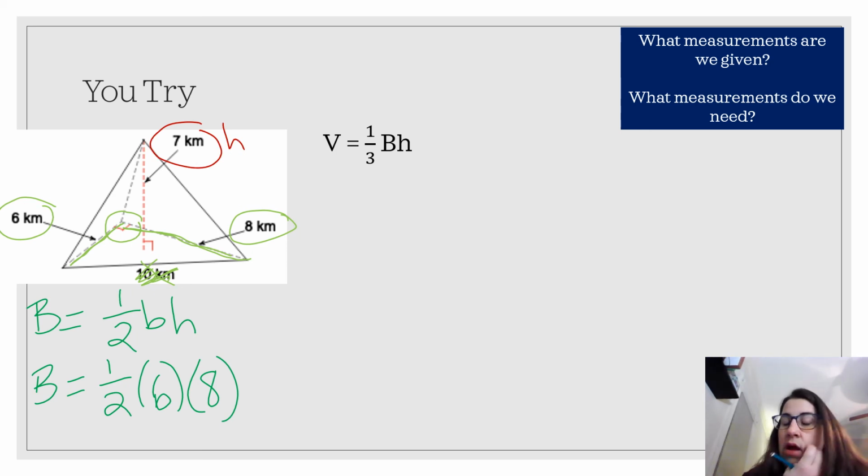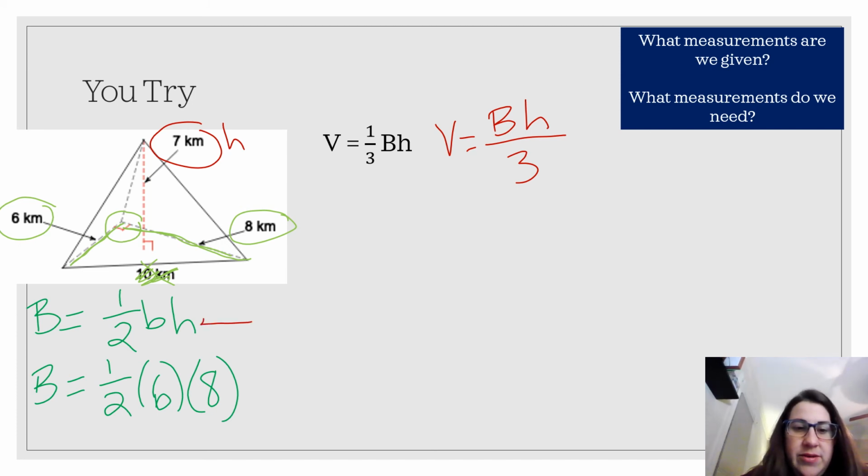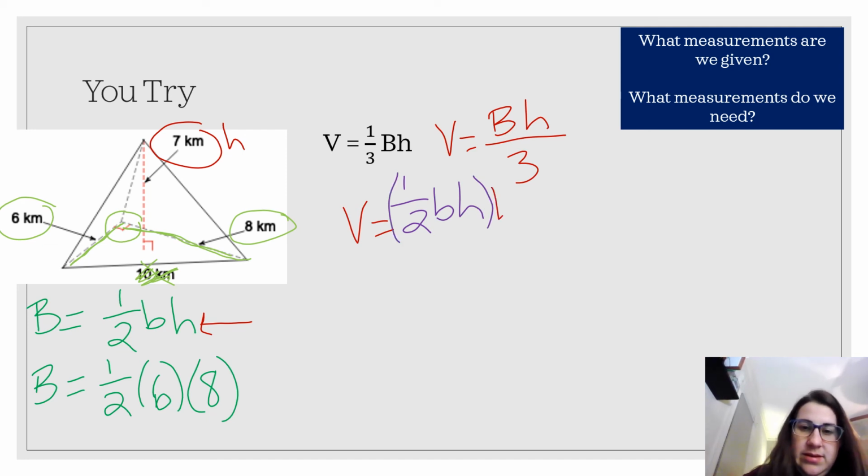So let's go ahead and do this formula. I'm going to actually do it divided by 3 again. I'm going to do big B times H divided by 3 because I think it's easier. But now I need to substitute in the big B for this here. So I have volume equals 1/2 base times height, and then I have another height, all divided by 3.